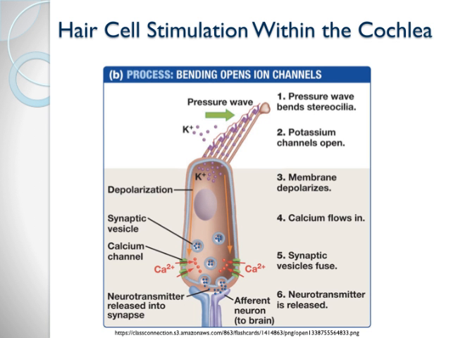Zooming into the cochlea, this is what one of the many hair cells looks like. In our class, we've studied the structure of interneurons, which transmit action potentials from one neuron to the dendrites of other neurons. This hair cell is an example of a sensory type of neuron. The sound waves stimulate the hair cells by bending the stereocilia.